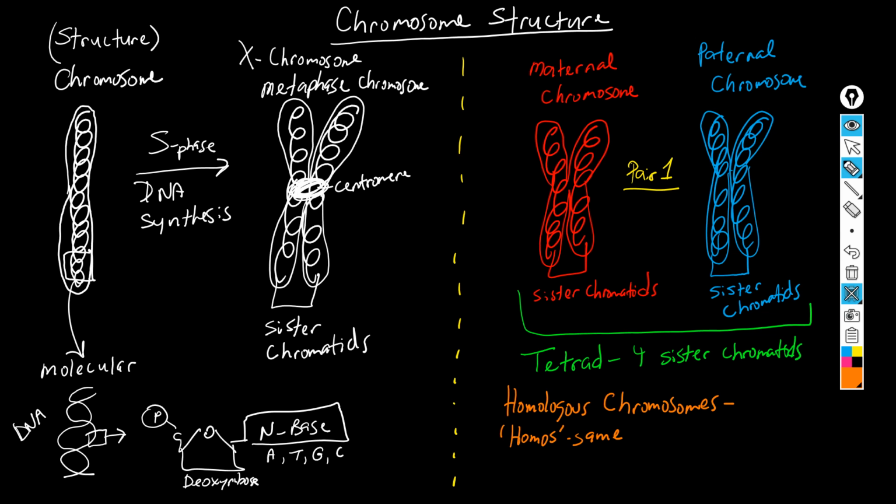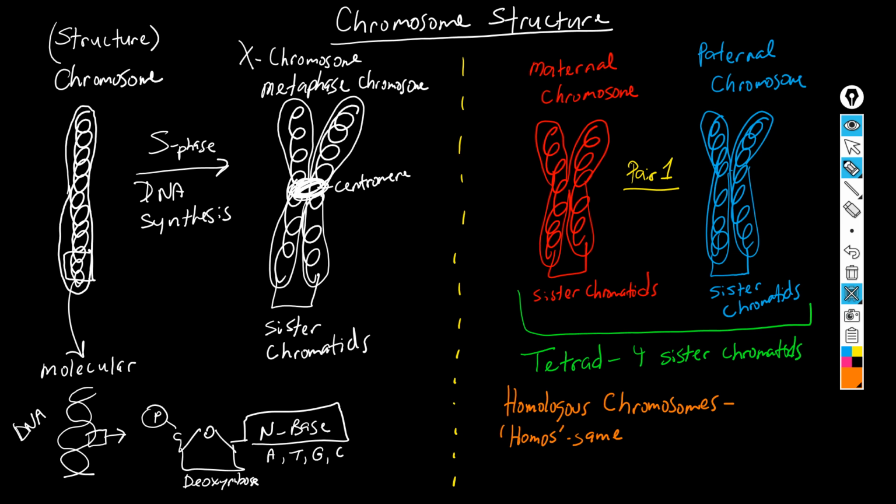Now, if you look at these chromosomes, one's red and one's blue, one's maternal and one's paternal. So this individual received one of these number 1 chromosomes from mom and one from dad. So the chromosomes themselves are different, but we call them homologous chromosomes, or a homologous pair, or homologs, right back to the principle of different names that mean the same thing.